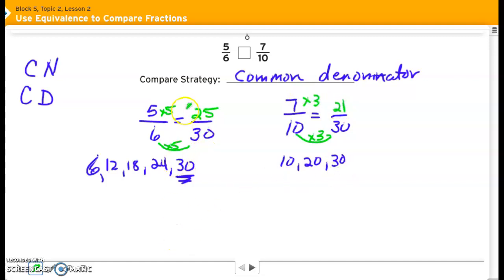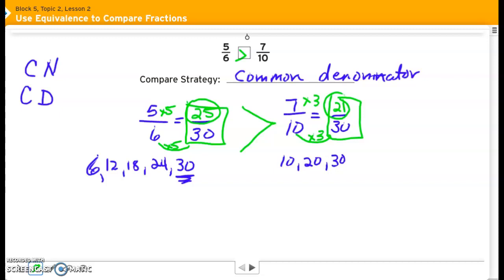So 5/6 is really the same as 25/30, and 7/10 is really the same as 21/30. Now with that common denominator, we simply compare the numerators, 25 and 21. 25 is greater than 21, so we'd put in the greater than symbol. So 5/6 must be greater than 7/10.